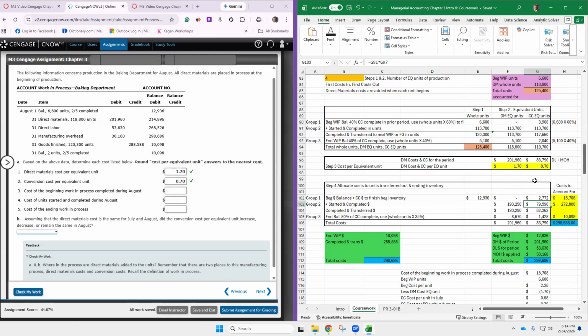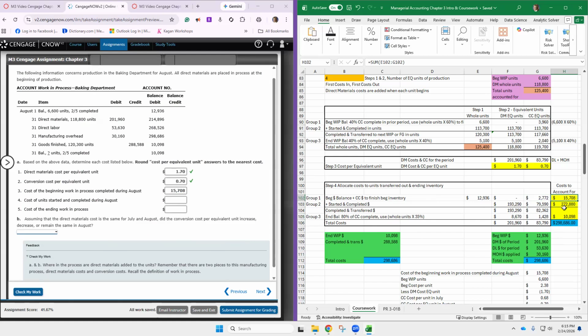So we're going to add an additional 2,772 to complete those that were in beginning inventory. Okay, so this is costs to account for. Here comes the very first one, showing the additional conversion costs we need to add because it was just 12,936. But we've added $2,772 to that. And therefore that makes the beginning work in process to complete what was sitting here.